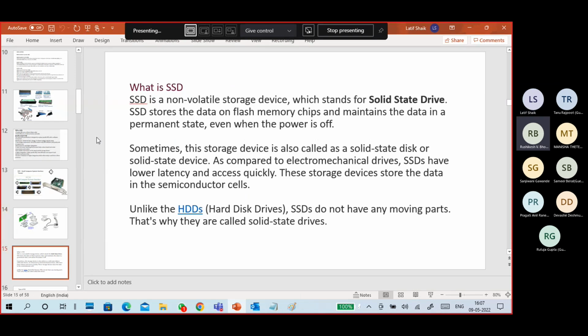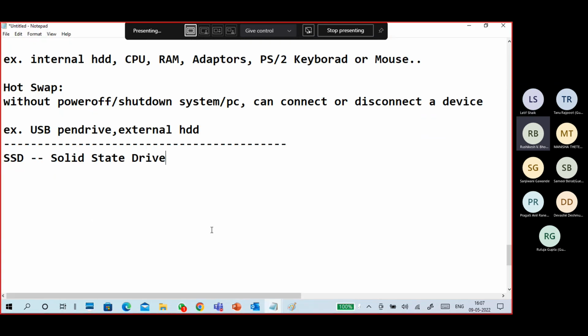It is a non-volatile storage. SSDs are not new to the market. They have been there for many years, but in recent years, the last 4 or 5 years, they have become more popular.